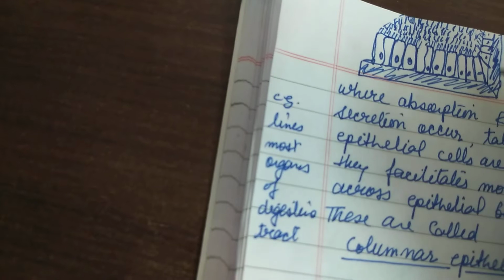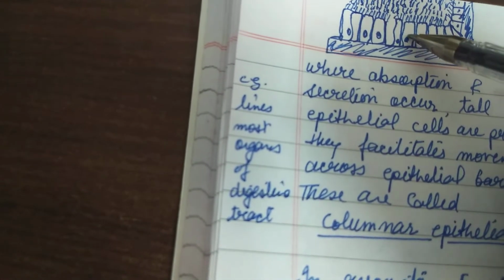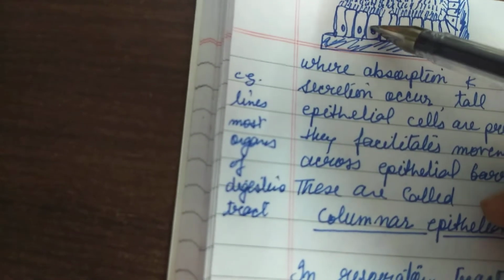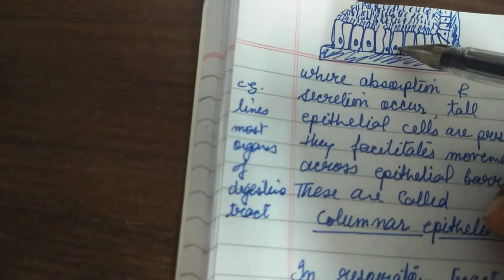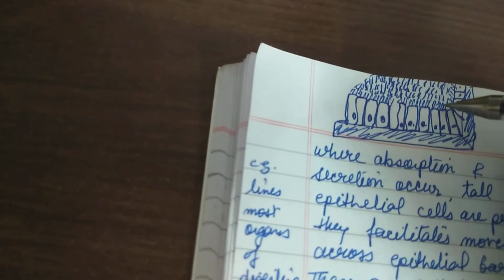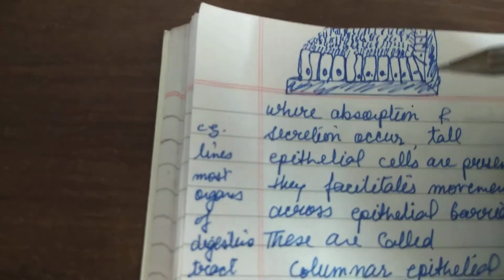And the nuclei are at the bottom, right? And they have finger-like projections, that is cilia, or they are without cilia, both. So these column-shaped cells are called columnar epithelium. The simple name is columnar epithelium because their shape is column-like.